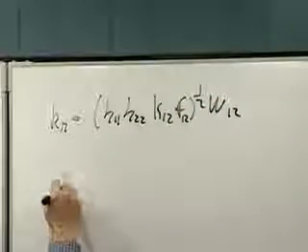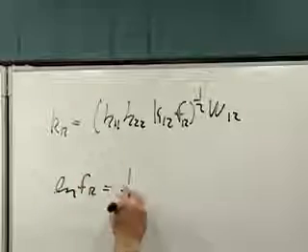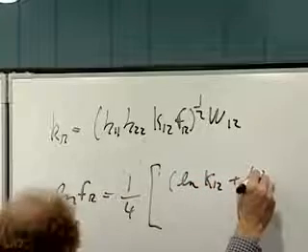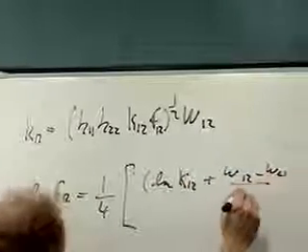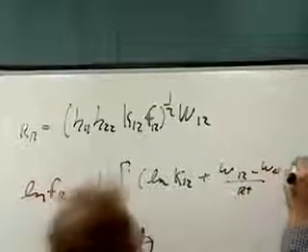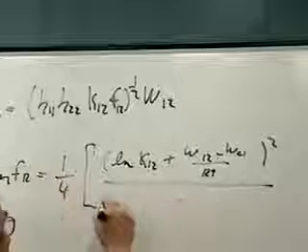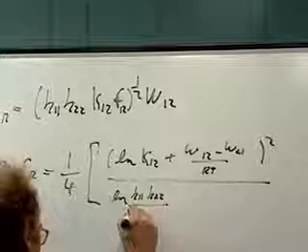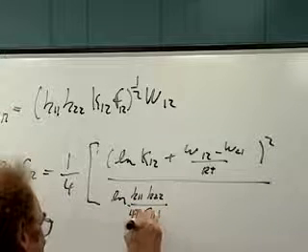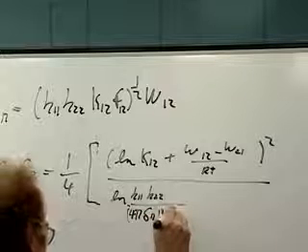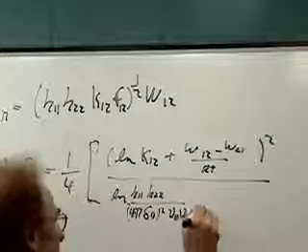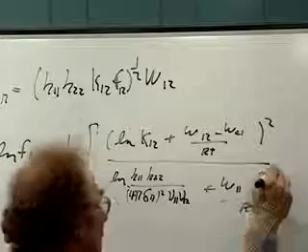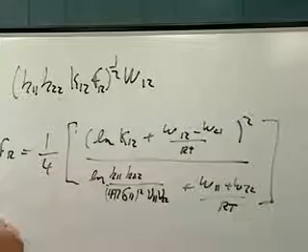And f is the log of f equals 1/4 times the log of K12 plus W12 minus W21 all over RT, and this is squared, divided by a log of K11 K22 over what I'm going to call 4 pi delta R squared times nu 11 nu 22 plus W11 plus W22 over RT. And I'll tell you what all of these mean.